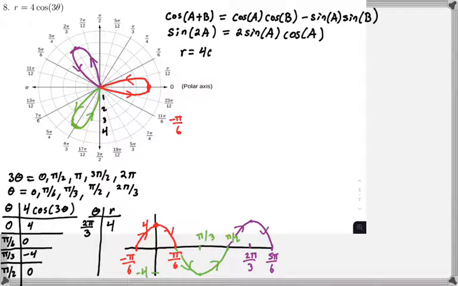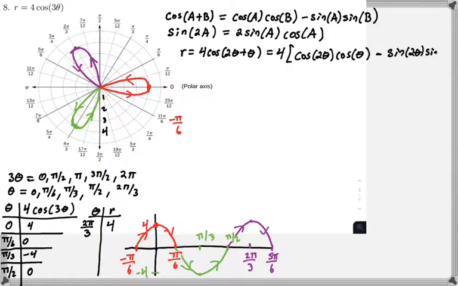So r is equal to 4 cosine of 3 theta, which we'll write as 2 theta plus theta. And using the above identity, the cosine of A plus B, it's going to be 4 times cosine 2 theta cosine theta, minus the sine of 2 theta sine of theta, okay, which is equal to 4.